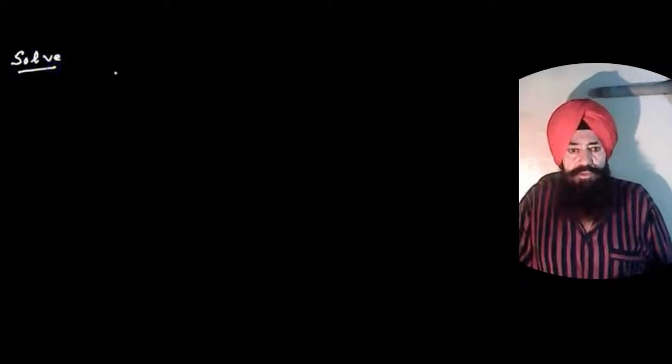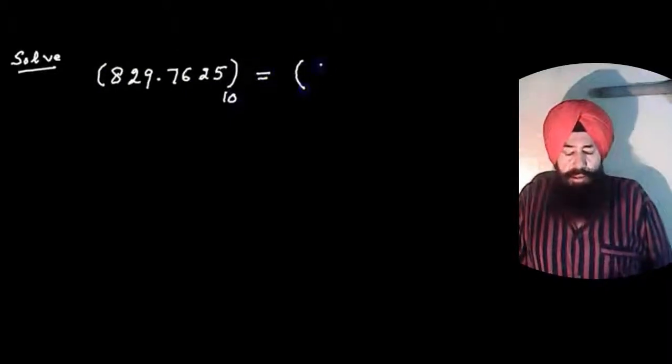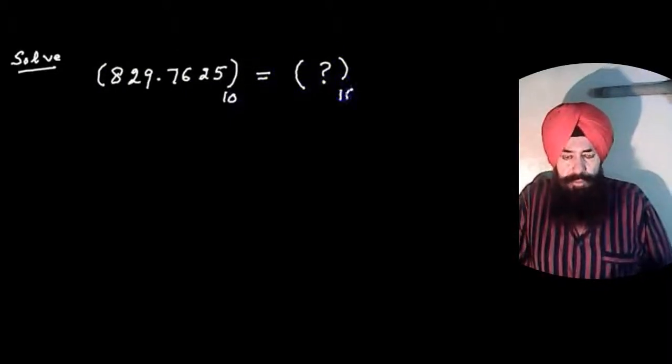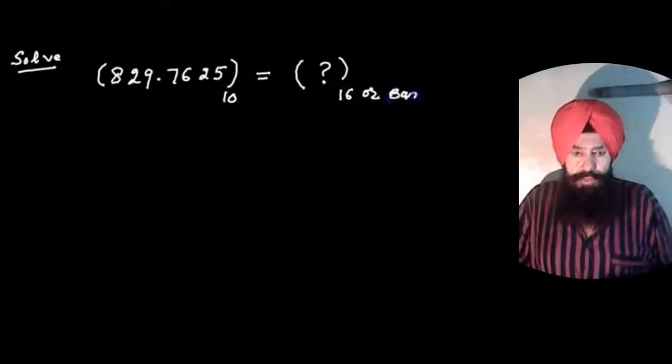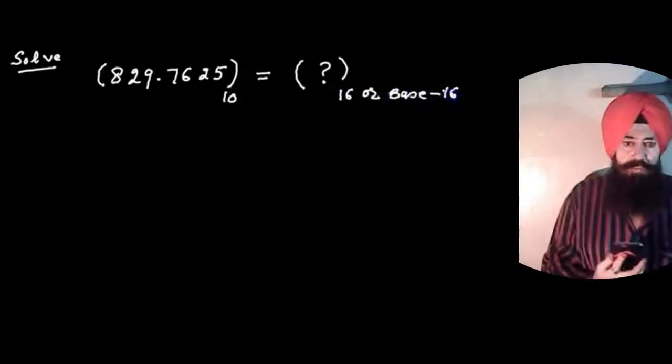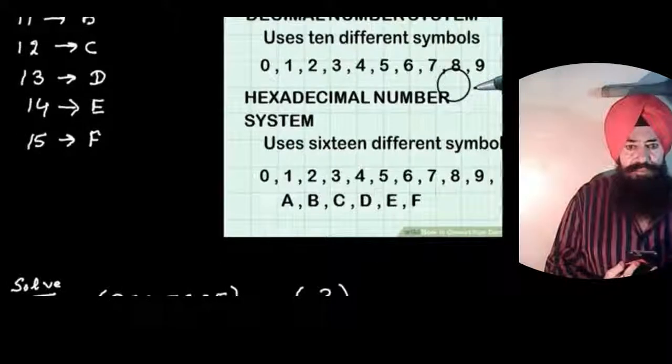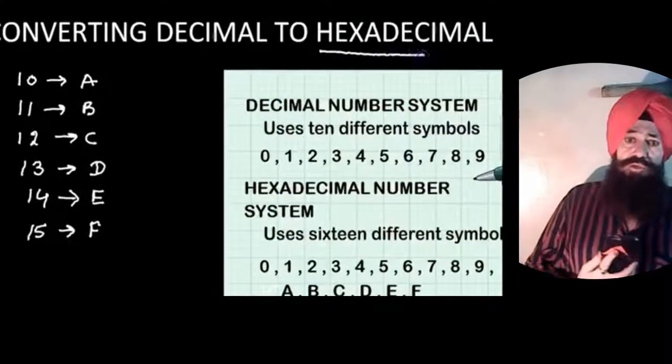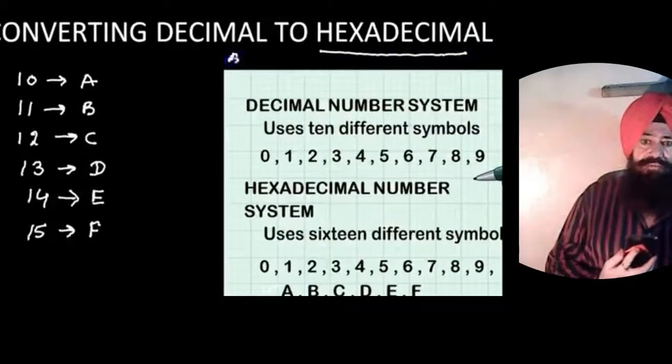Now, let me come to the numerical problem. We have to solve 829.7625 decimal into the hexadecimal system.